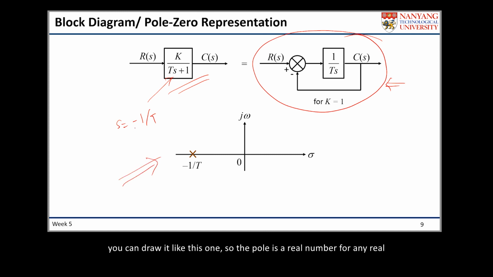So the pole is a real number for any real value of t. And if t is positive, of course, the pole negative 1 over t will be a negative value. That's why you can draw it somewhere here. Okay, so this is a pictorial representation of the pole of your first order system in the S-plane.